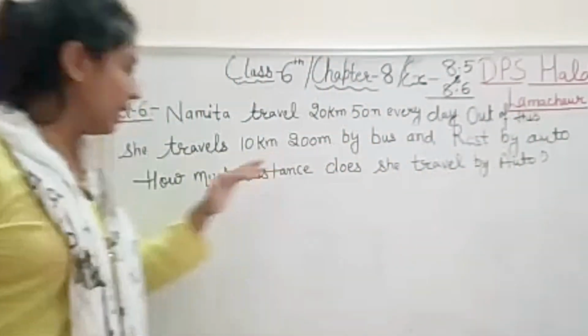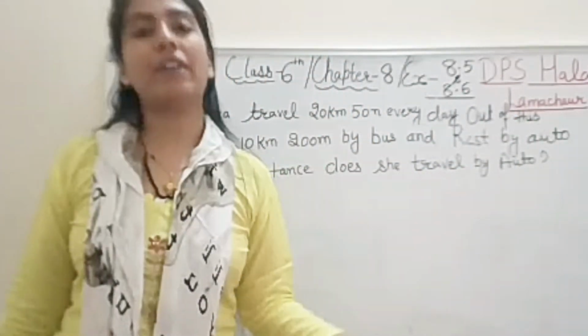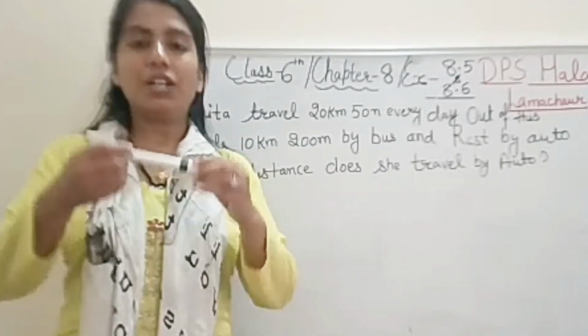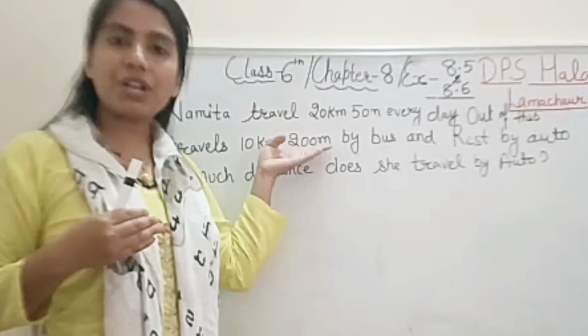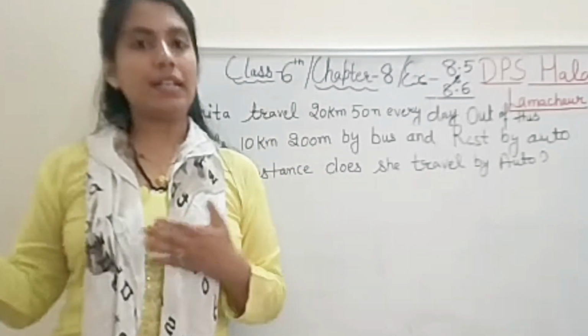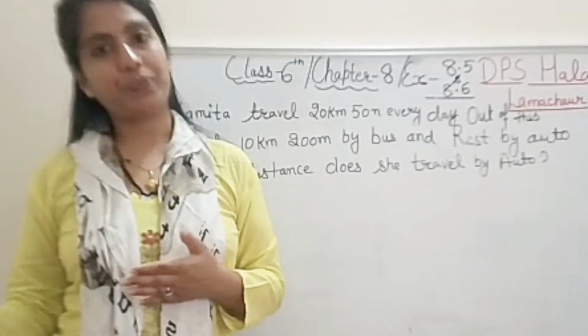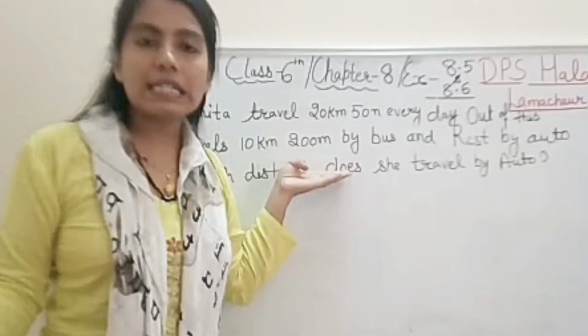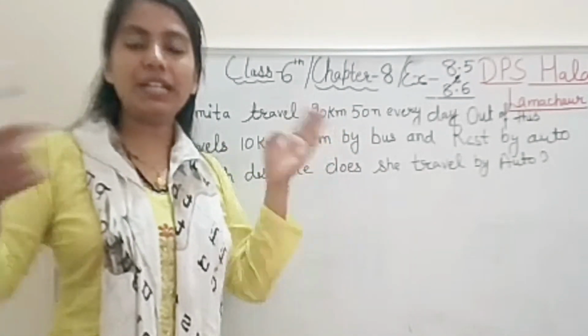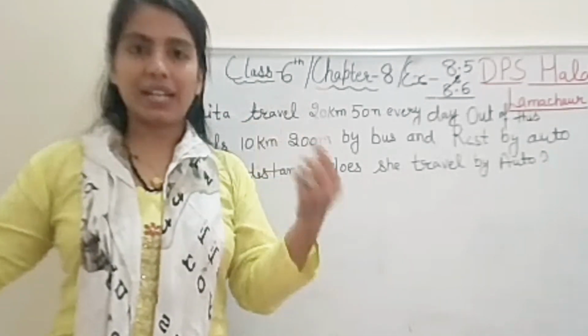So you have to tell how much distance she travels by auto. Obviously, out of the total distance, this much she travels by bus and the rest by auto, right? So how much by auto? Total minus this. Obviously, then only you will get the rest of the distance, right students?